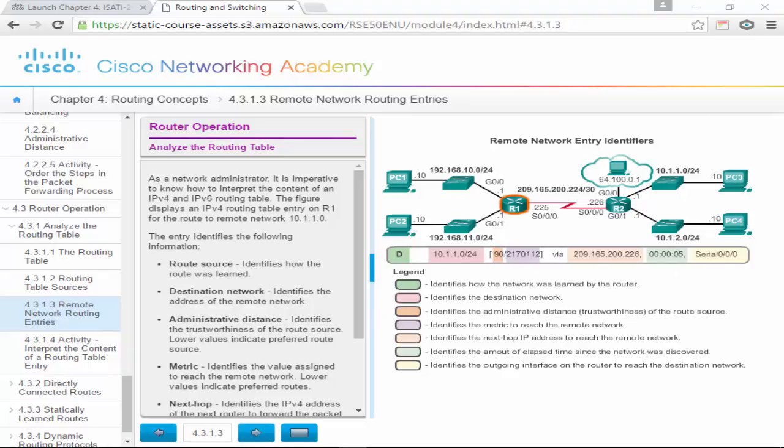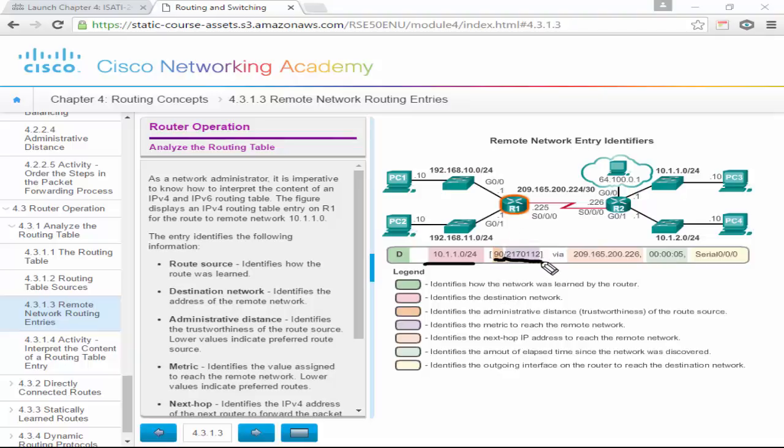So that first thing we're going to see right after is our routing protocol. Then this orange thing right here, 90, which is the administrative distance of EIGRP. So the first thing we see in the box is the administrative distance. So if this was static, it'd be a 1, and if it's connected, it'd be a 0.